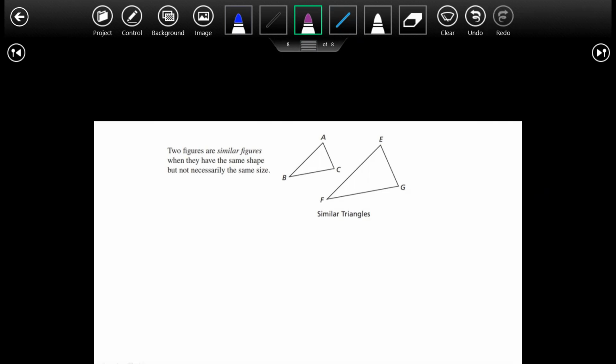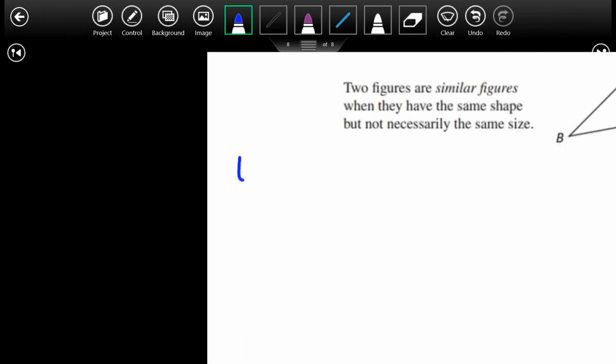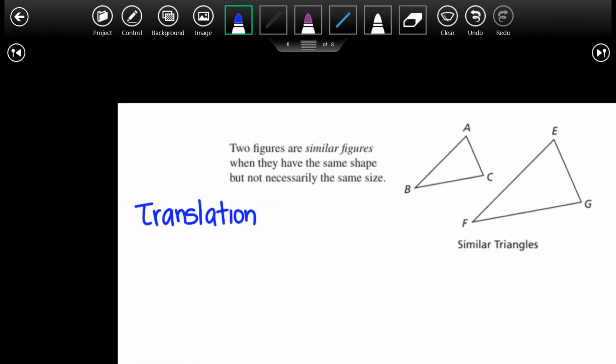I figure if we can do that, we're golden. Now, let's look at the traditional ones that we did last year. Whenever we talked about transformations, the first one was a translation, and we referred to translation as a slide.